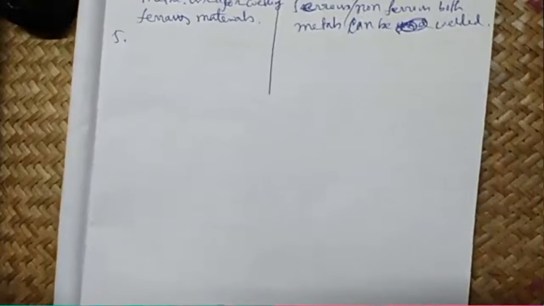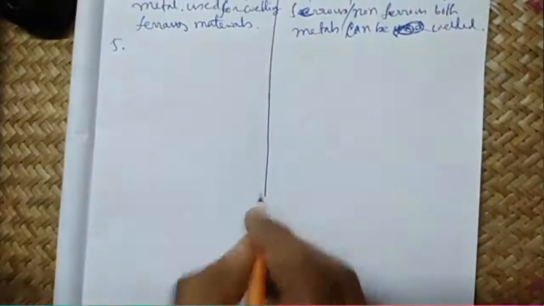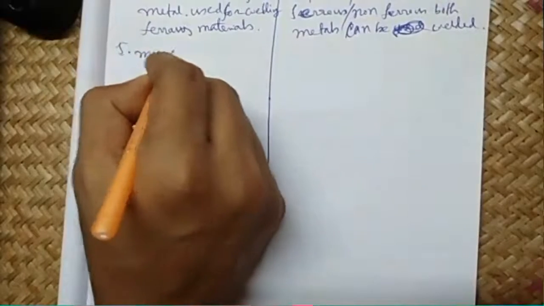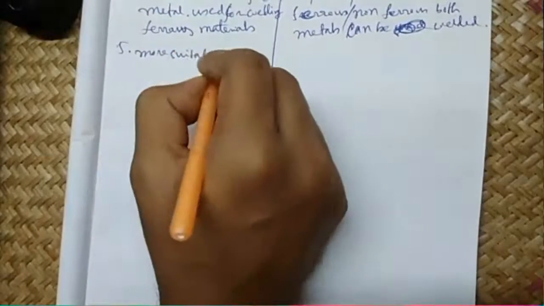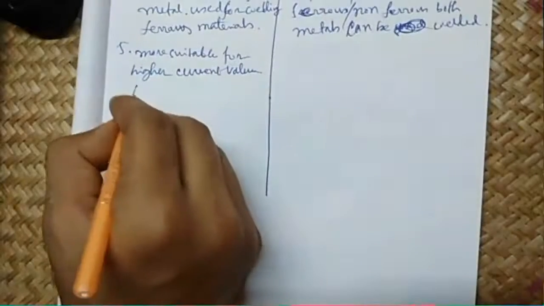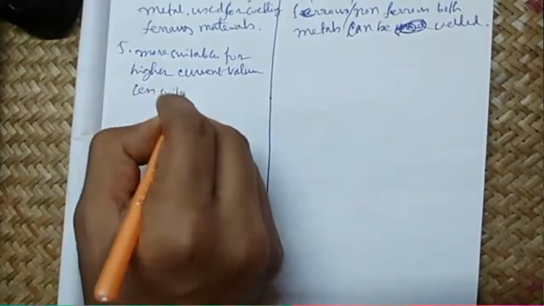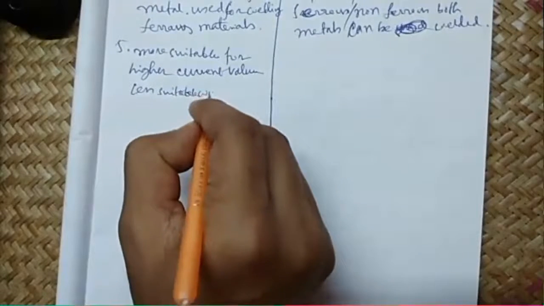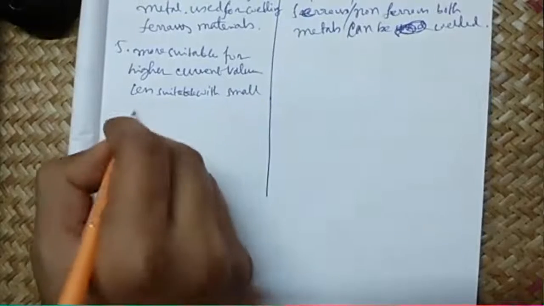Number 5, this is more suitable for higher current value, less suitable with small dia electrodes.